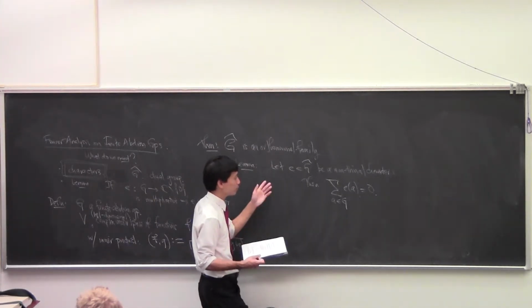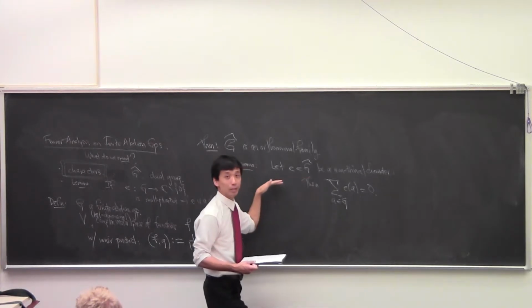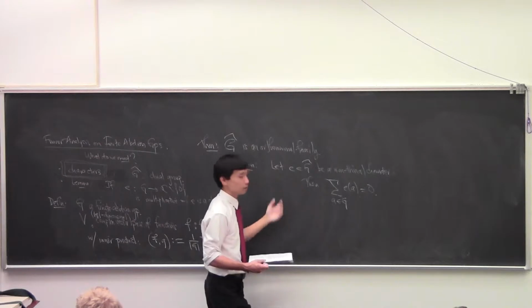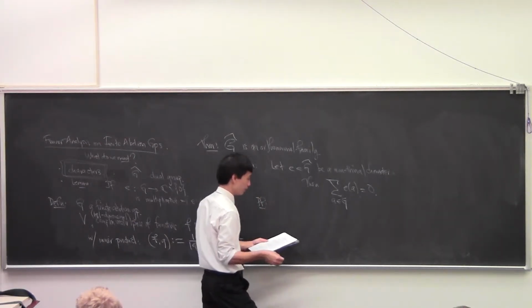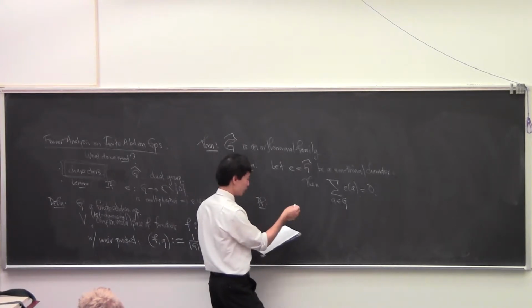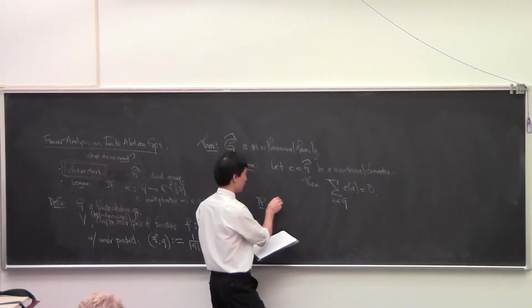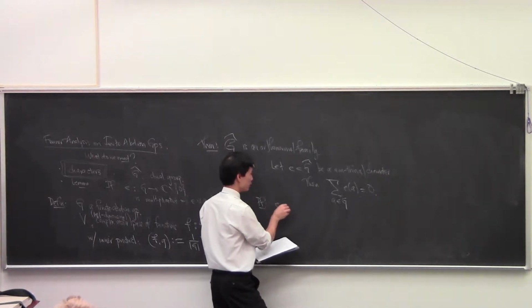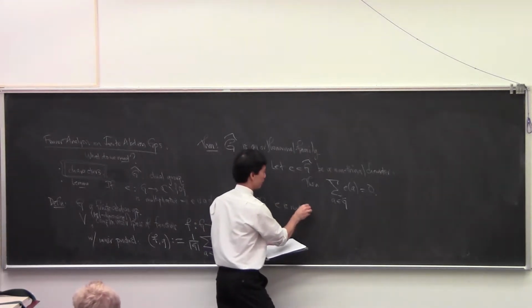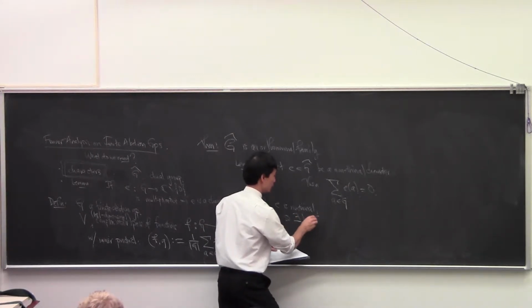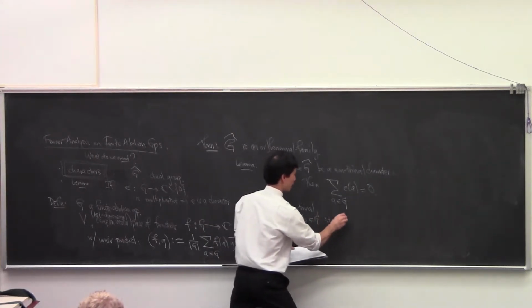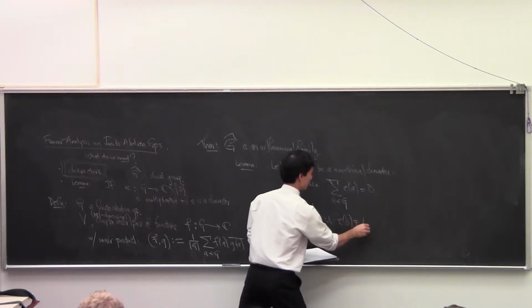You want cancellation. So here's the proof. E is not trivial, so there exists some element in G where E of that element is not 1.